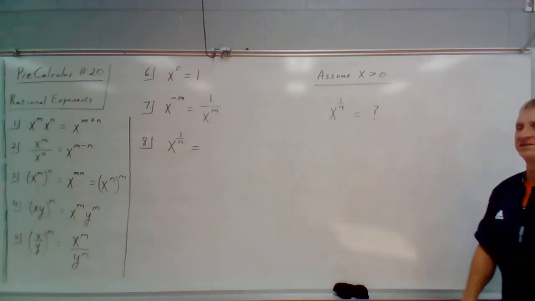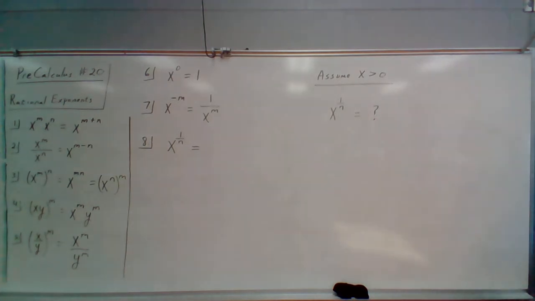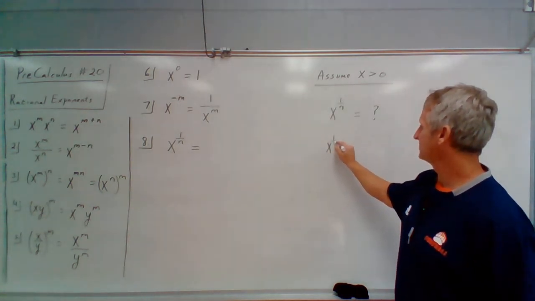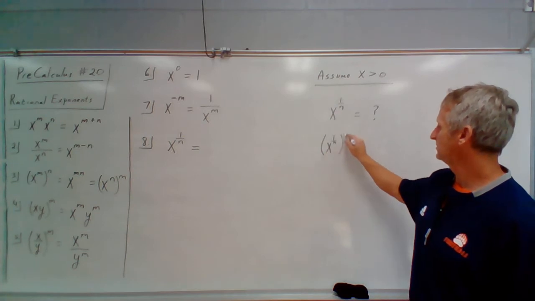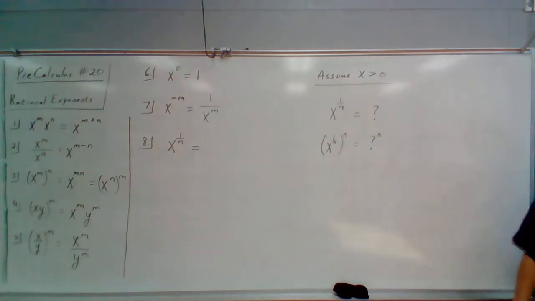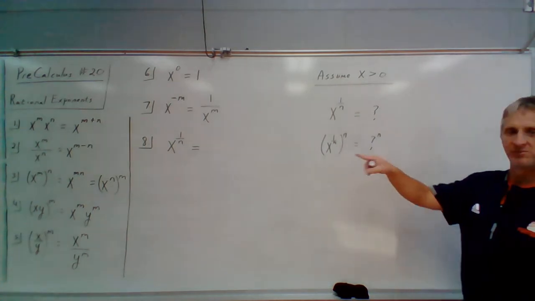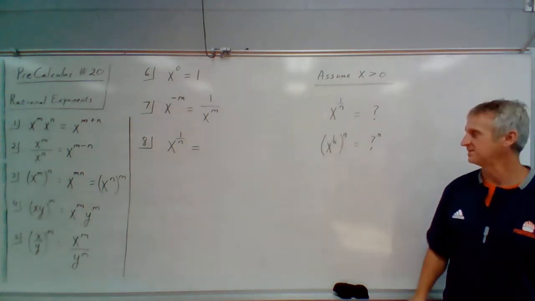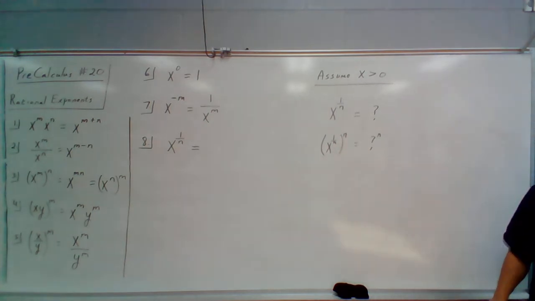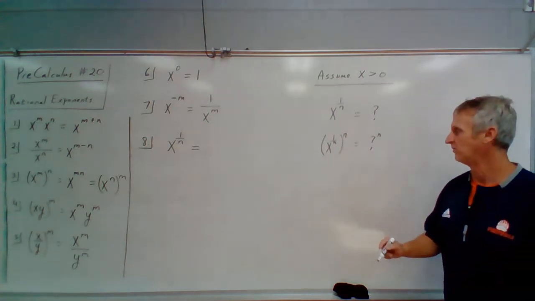So let's just say that that's equal to question mark. And so I'm going to raise, just for fun, both sides of this equation to the nth power. By rule number 3, I should multiply these exponents. So 1 over n times n is n over n, or just 1.